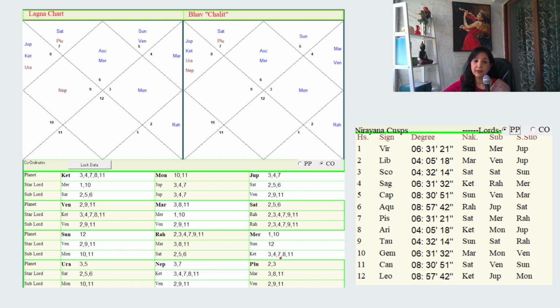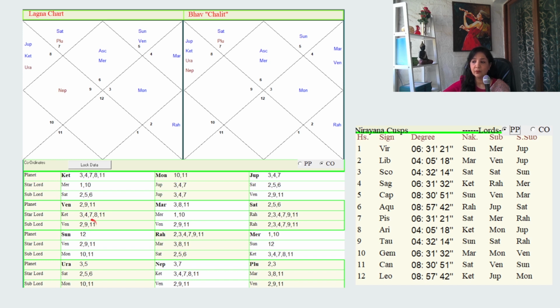And Antardasha will tell the main event, and Antardasha is of Venus. Right now it is Mercury Mahadasha, Venus Antardasha. And since the sublord is favorable, if you check Venus, the sublord is Venus only.